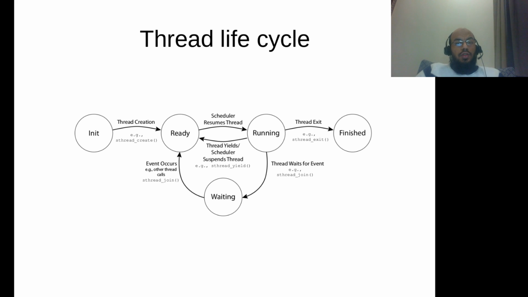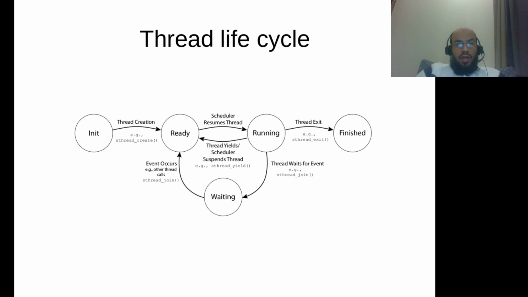Suppose that you have that thread listening, waiting for a network packet to come. Then once a network packet comes, the thread uses thread join and goes to the ready state again. Then from ready it gets scheduled again.